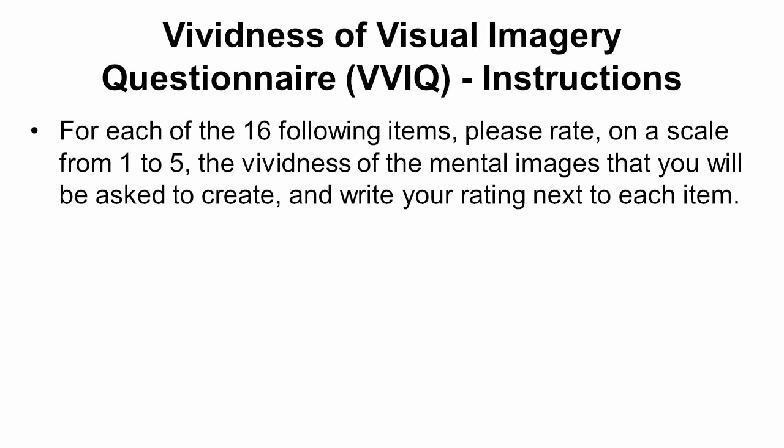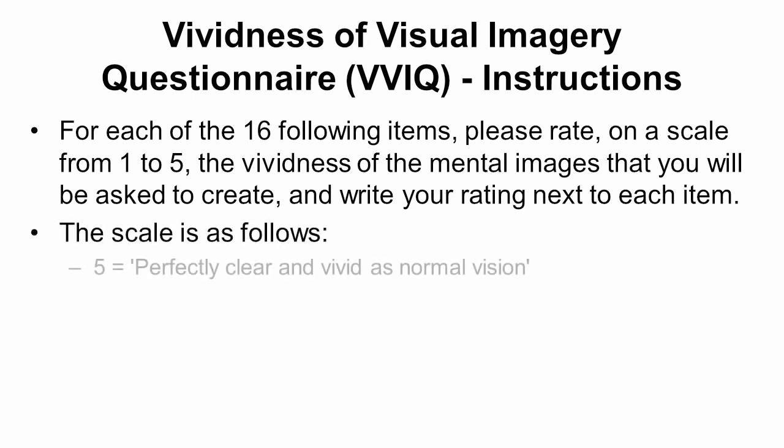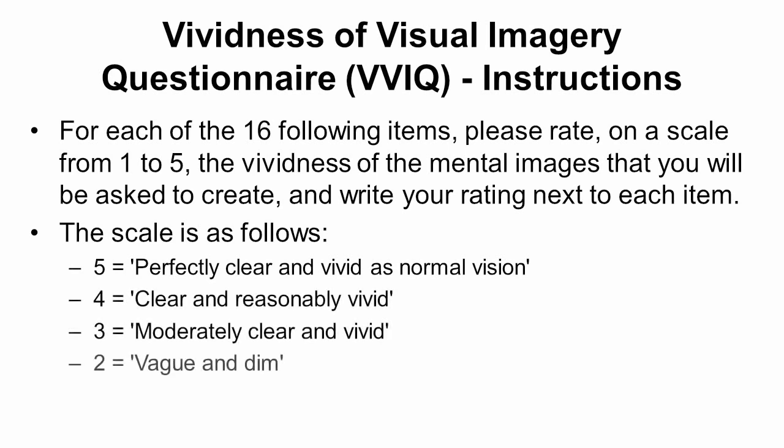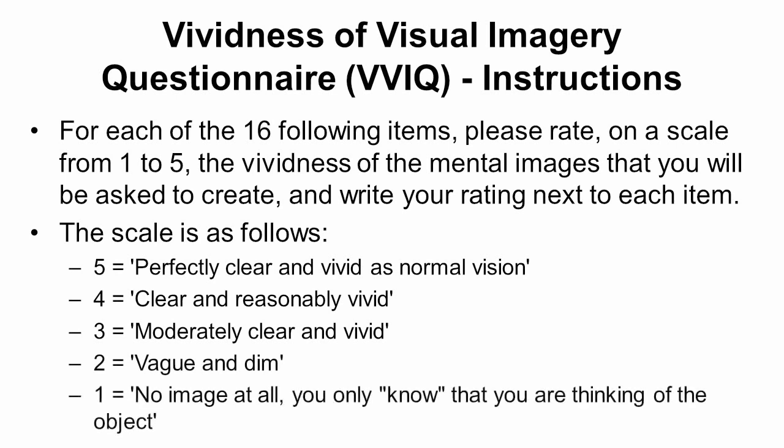What you need to do is just try to imagine a series of different pictures in your head, and then rate those pictures on a scale of 1 to 5, where 5 is perfectly clear and as vivid as real perception, and 1 is no image at all. Okay, so I'm just going to describe a few different images, and I want you to try to visualize them, and then rate how clear those visual images are.